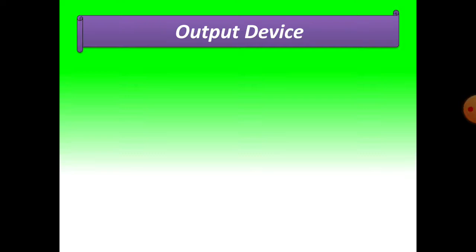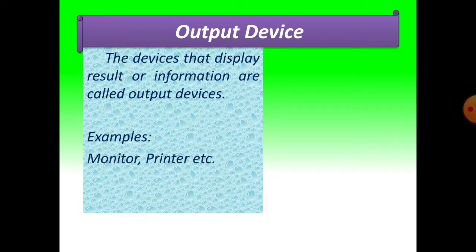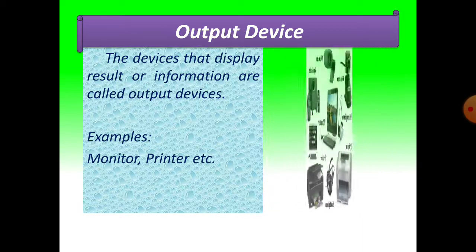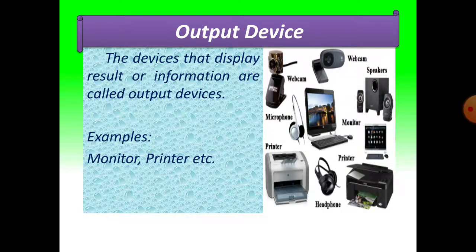Next is output device. So, what is output device? The devices that display result or information are called output devices. Some examples of output devices are monitor, printer, etc. Here shows some output devices.